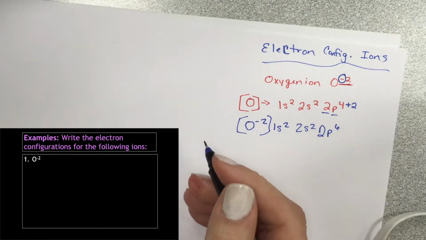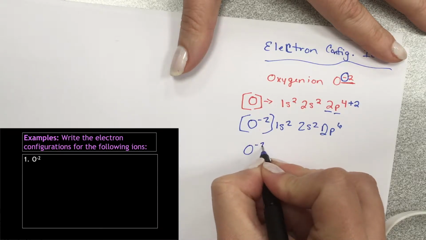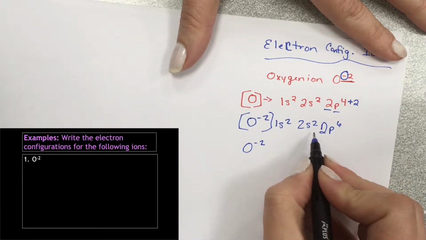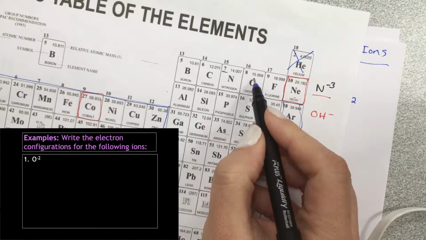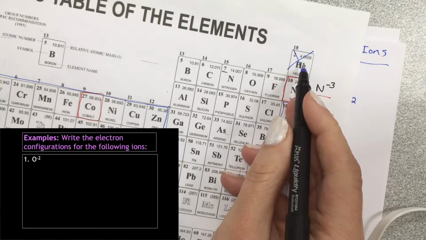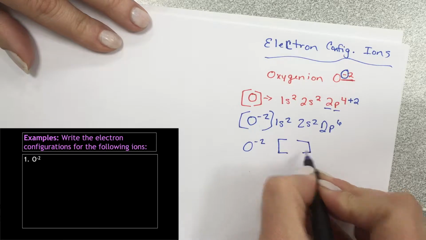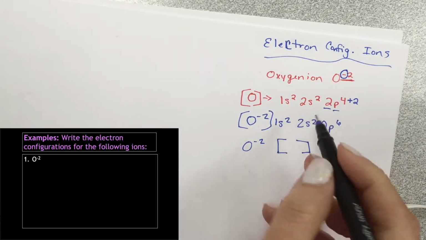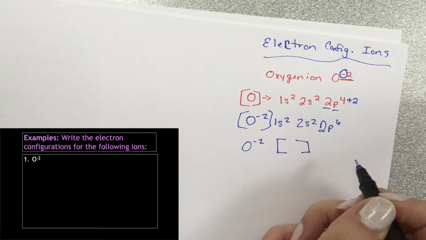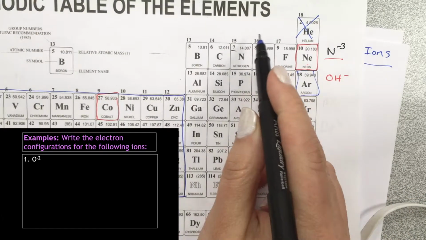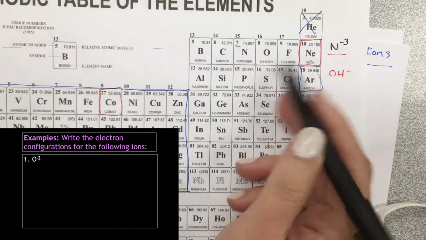And if we wanted to go even further and write the noble gas configuration of the oxygen ion, okay? Here's your oxygen. The most recent noble gas, you can do this one, or since it's the ion, what is it isoelectronic with? Can you guys tell? What is oxygen ion isoelectronic with? Because you don't want to go up and to the right and then do it again, because if it's the ion, it's already isoelectronic with the noble gas.